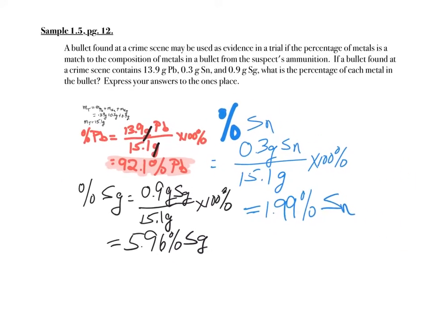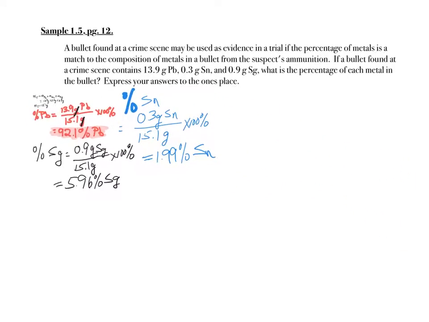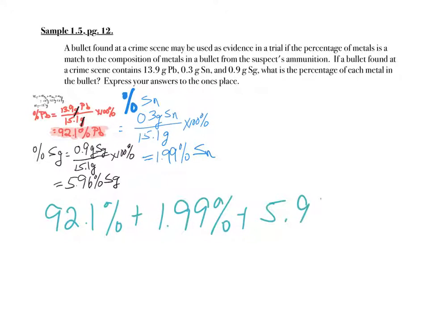Now, if we take all three of those data and we add them up, we should get a number around 100%. So we have 92.1% plus 1.99% plus 5.96%.